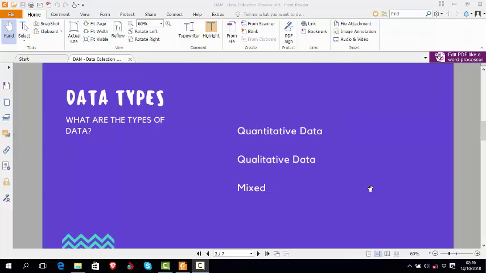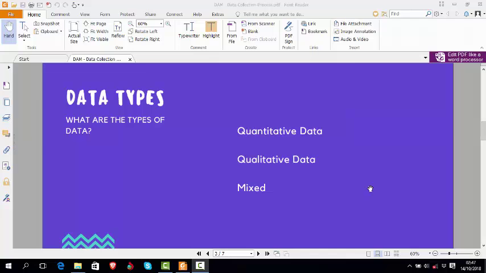They are numerical in nature. And since they are numerical in nature, most of the time they require the use of statistical analysis. This is when you count the numbers, you compare the numbers with others. So it's basically numbers anyway.